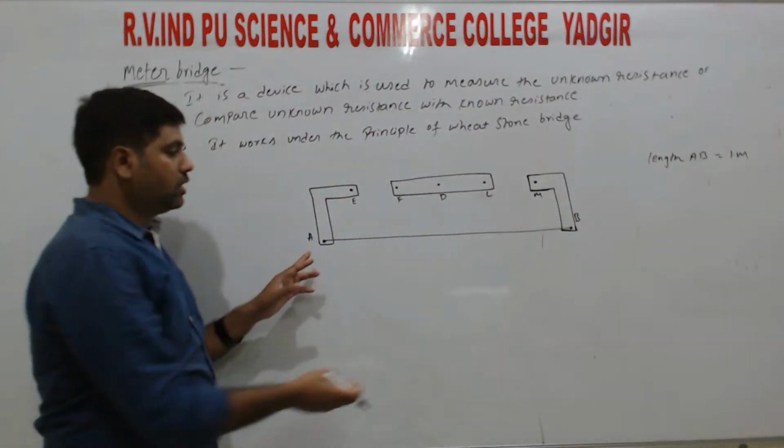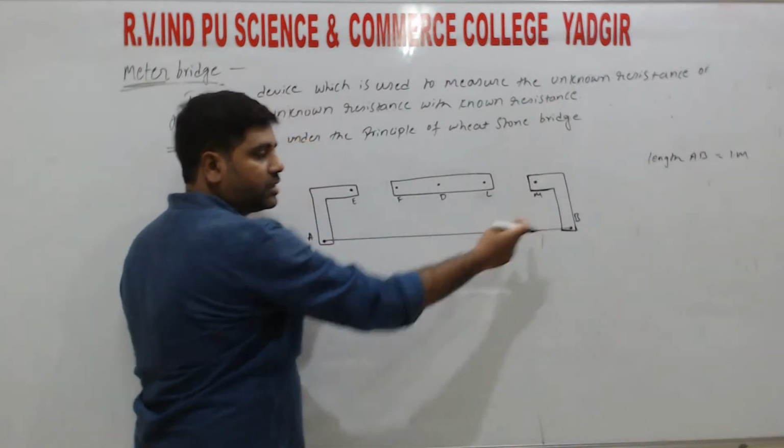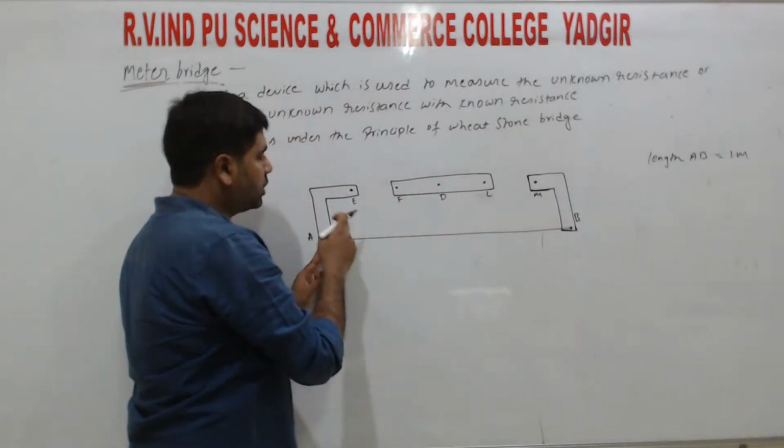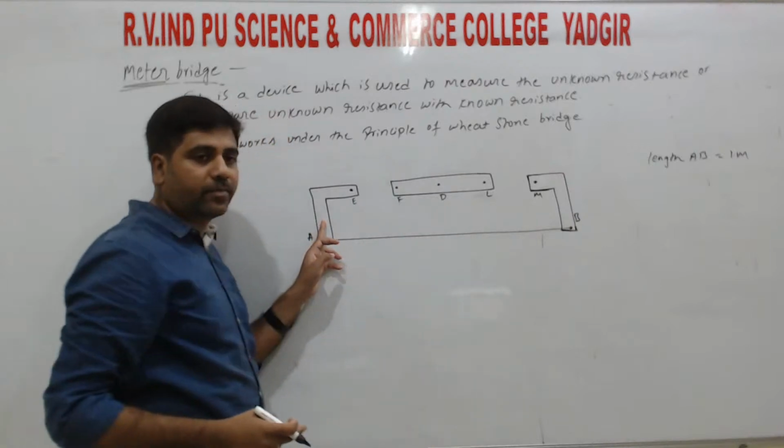Now this is a wire of uniform resistance having the length 1 meter. That means AB length is 1 meter, and at the two ends of the wire we clamp the two L-shaped metal strips. So all these three are metal strips, right?